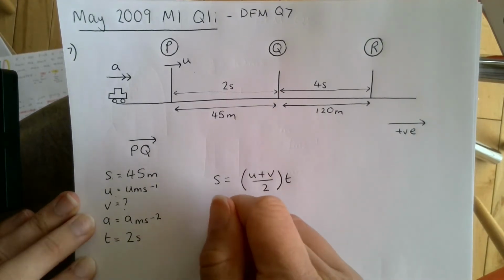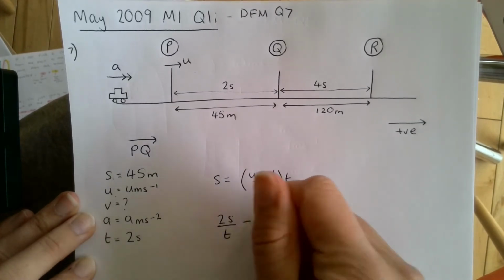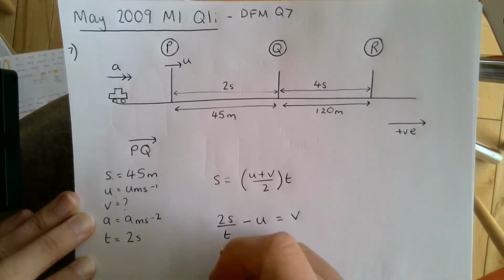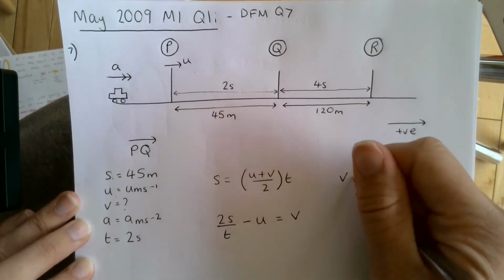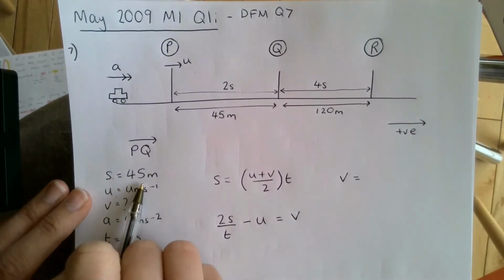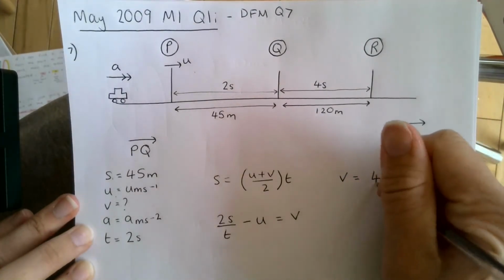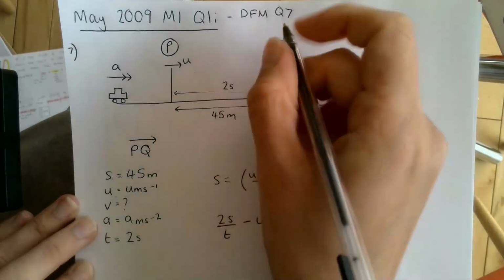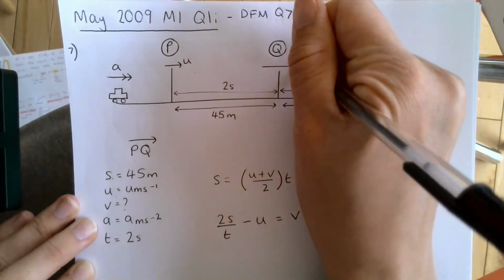I get that 2S divided by t, take away u, is equal to v. So v equals 2S, which is 90, divided by 2, so it doesn't really matter, 45, take away u. So the velocity as the car goes through Q here is 45 minus u.